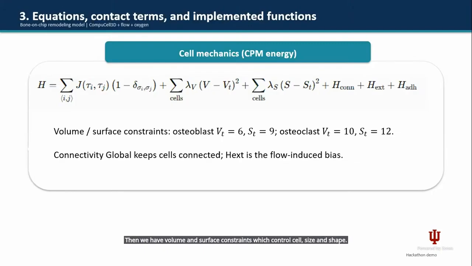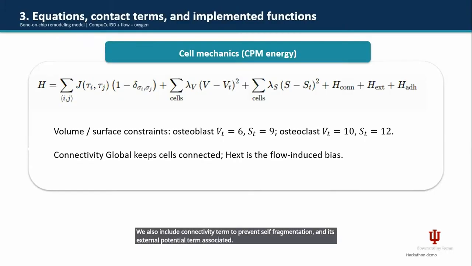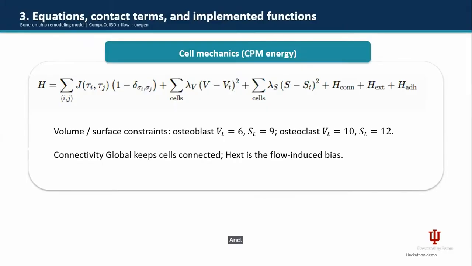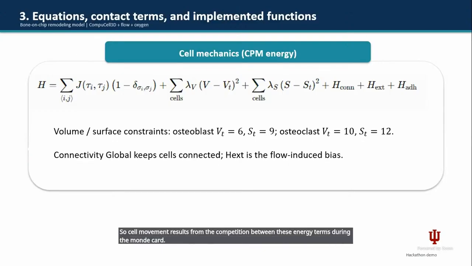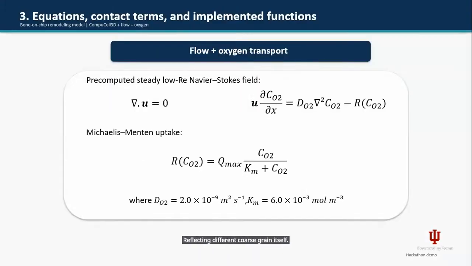We also include a connectivity term to prevent cell fragmentation, and an external potential term associated with flow-induced motion, and an adhesion term for molecular cell scaffold interactions. So cell movement results from the competition between these energy terms during the Monte Carlo updates. Osteoblasts and osteoclasts also have different target volumes and surfaces, reflecting different coarse-grained cell sizes.